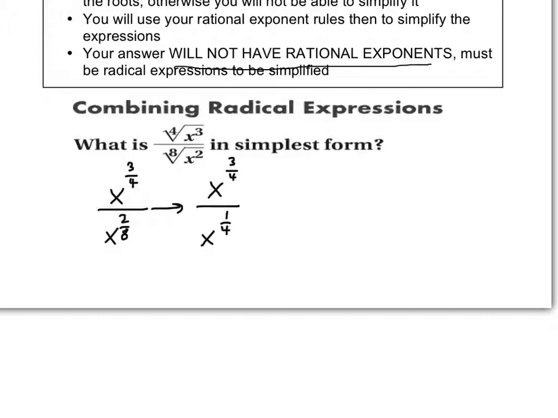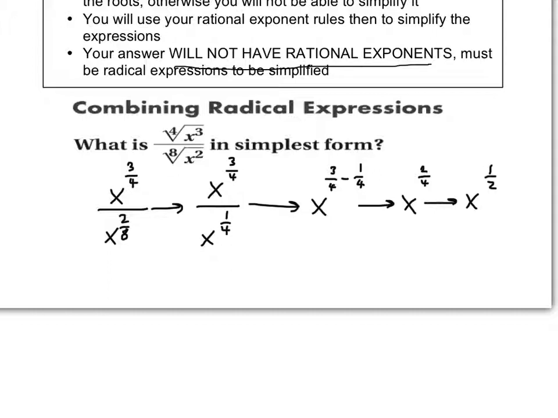Now I notice that my exponents have the same bottom and I have division. With division, what do we do with our exponents? We subtract them. So this is x to the 3/4 minus 1/4, which is 2/4, so x to the 2/4. Reduce that, and that's x to the 1/2.